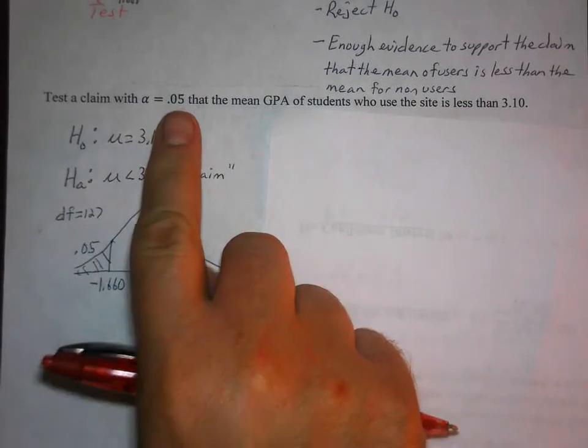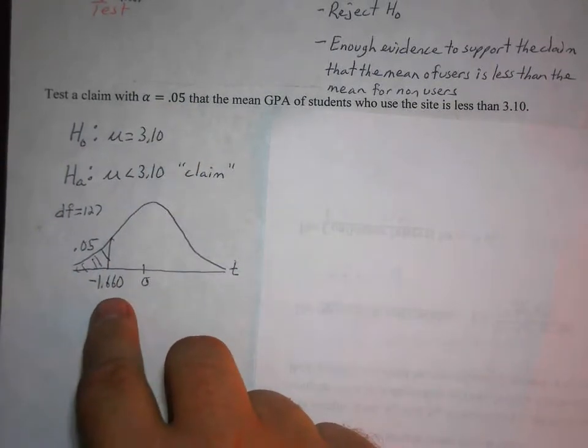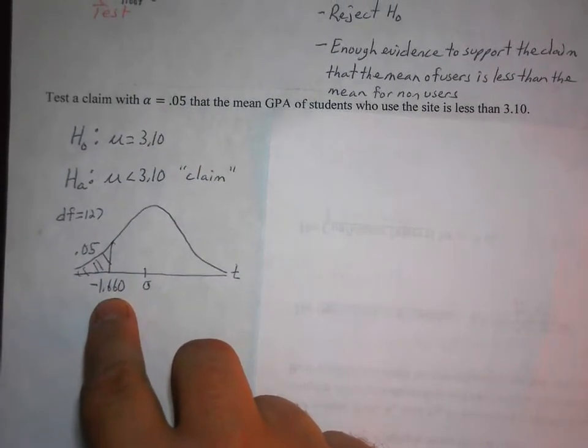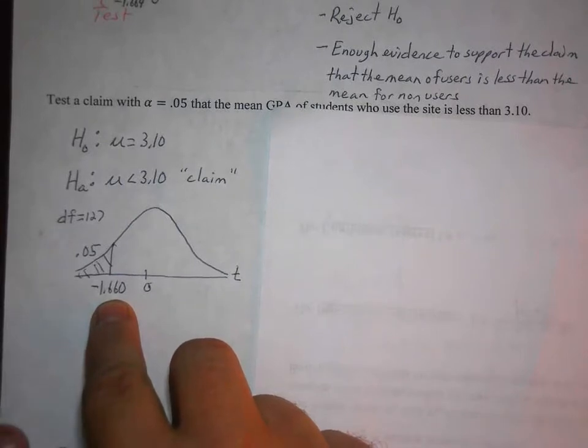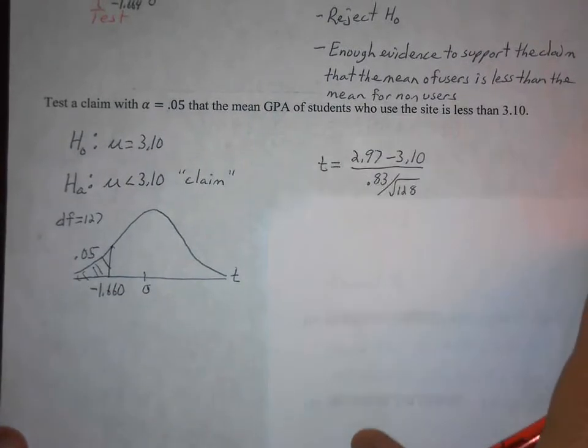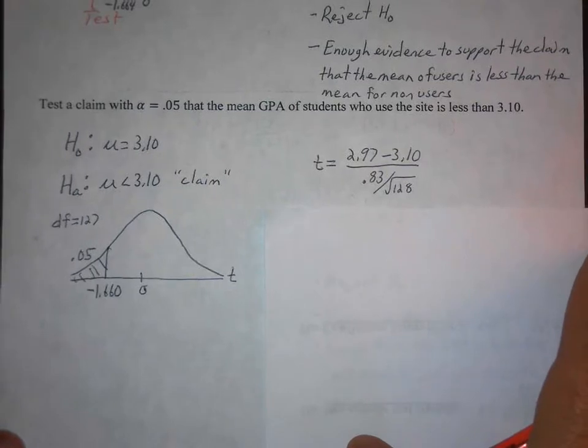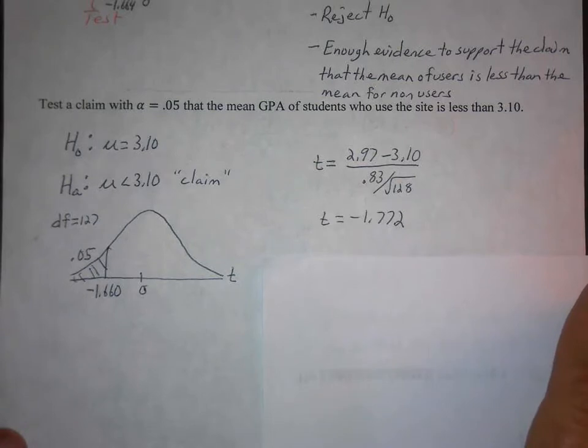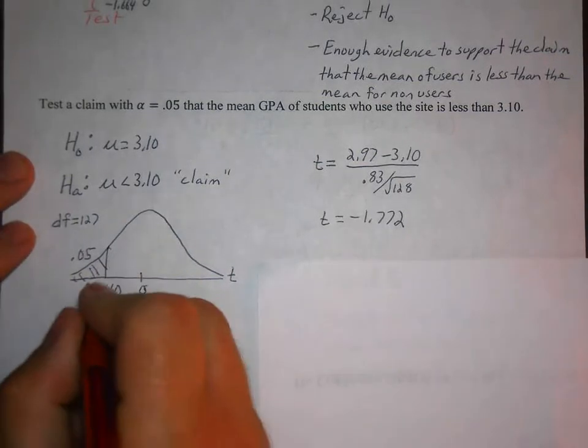With alpha equals 0.05, that gives us a critical number, t equals negative 1.660. So now we're back to the easier formula for your one sample test statistic for t. And then you end up with negative 1.772, which is just to the left of this critical number.